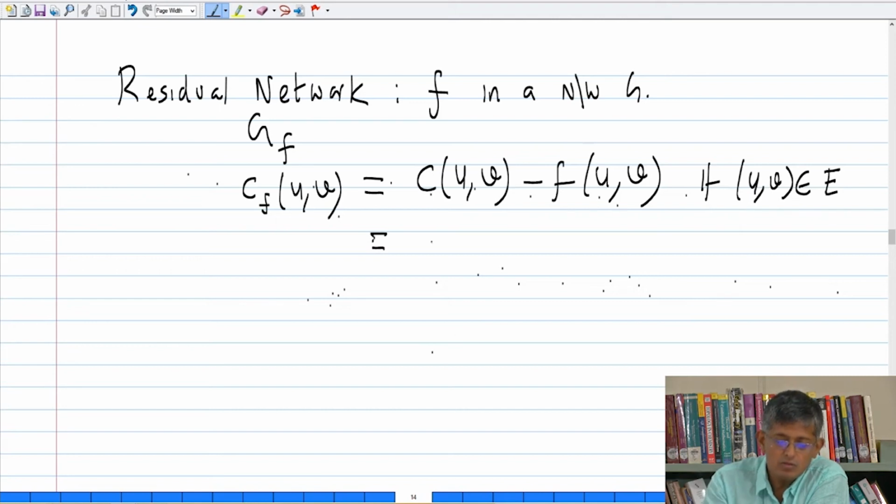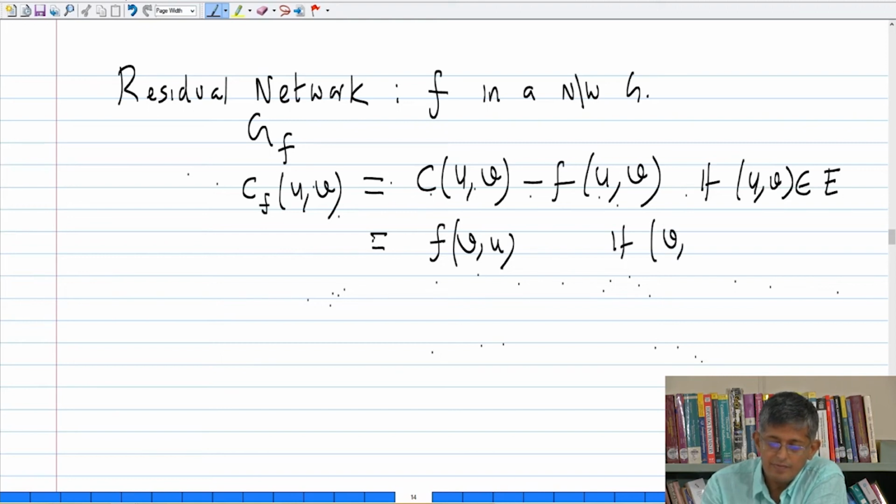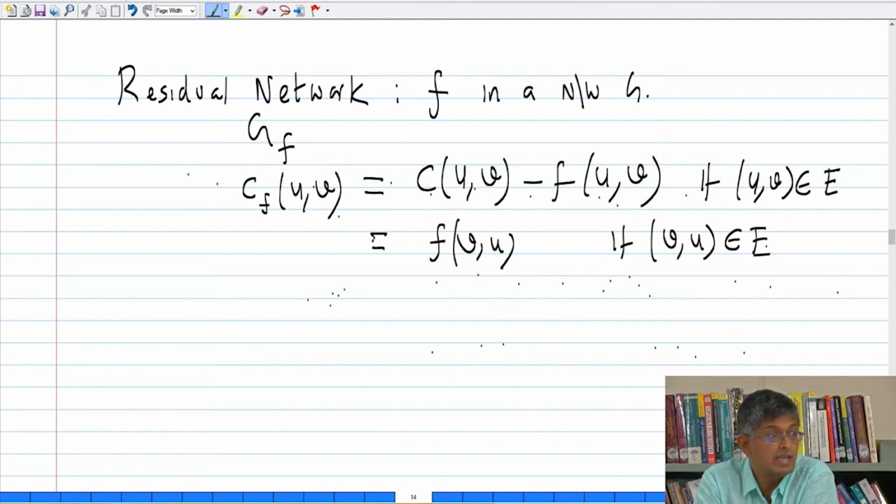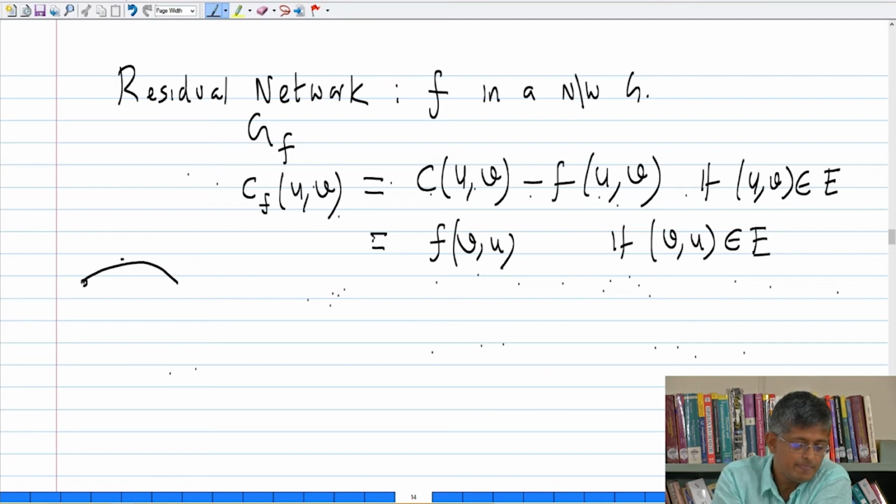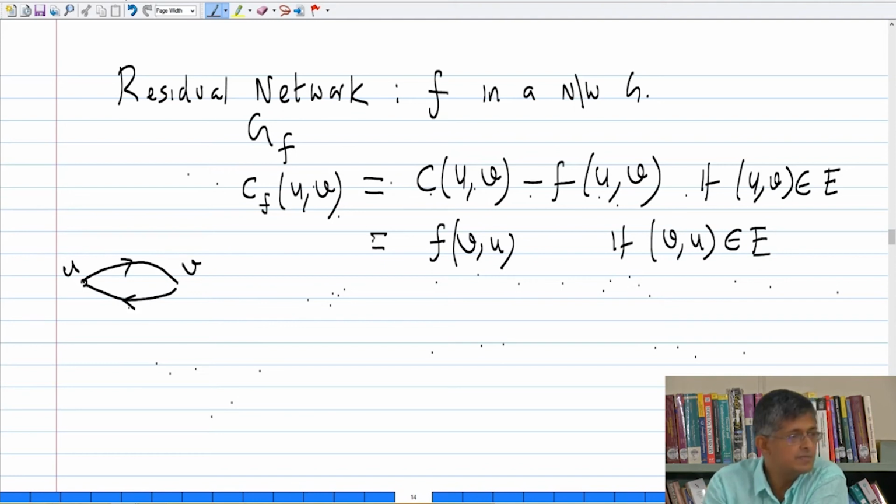It is equal to f of v comma u if vu belongs to E. This is a bit of the tricky one. Remember that in the network you don't have anti-parallel edges, so which means you don't have this. This you don't have in the given network.